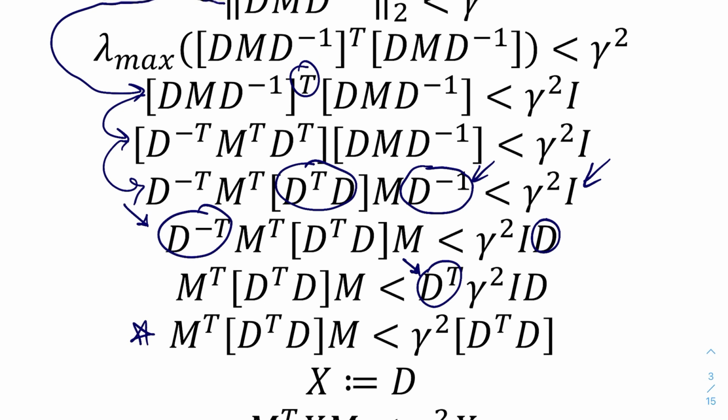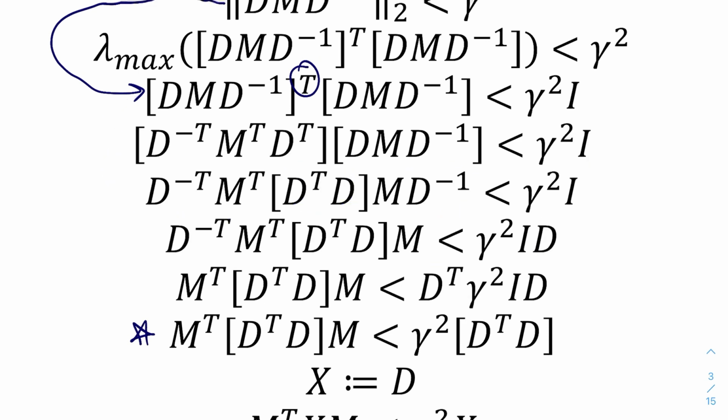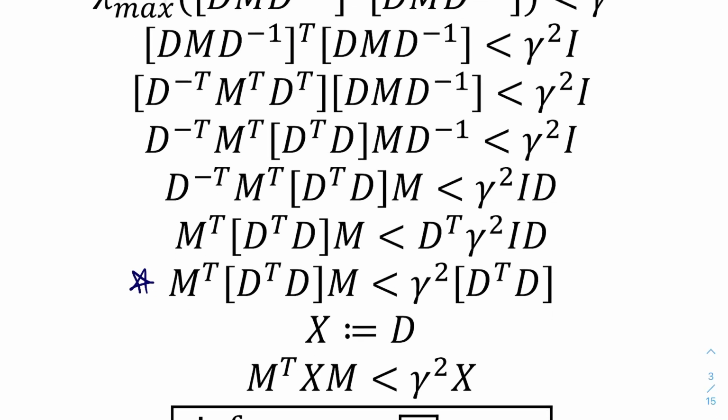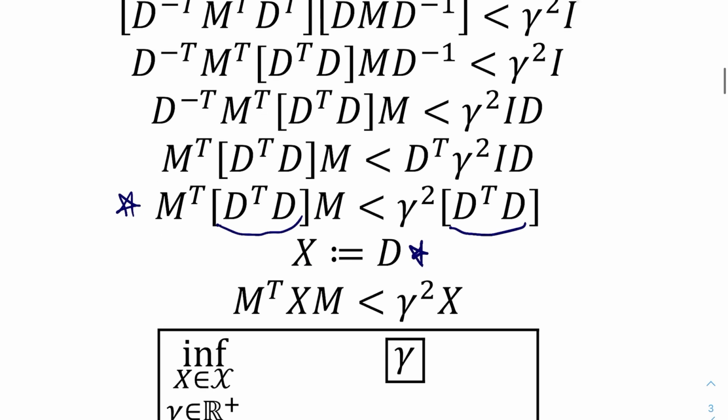Now d is our decision variable, and here we can see d transpose d, and we can use that type of variable change.